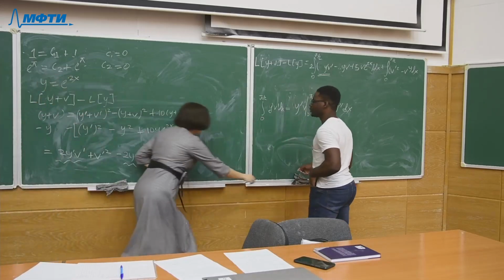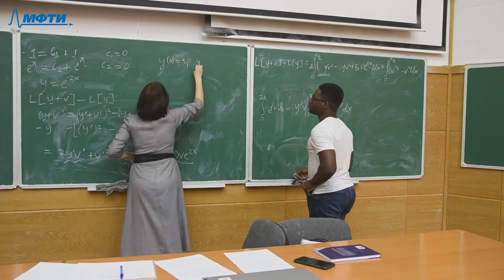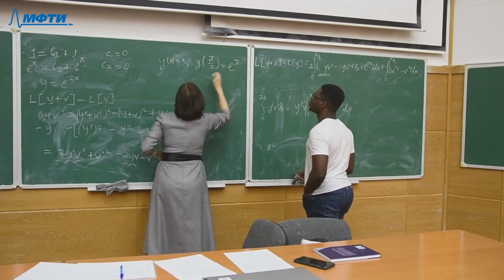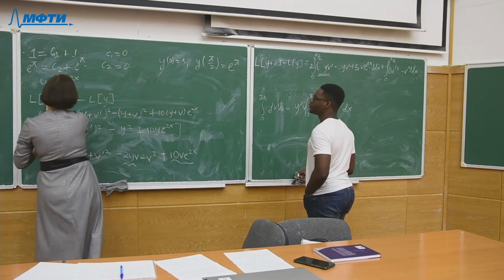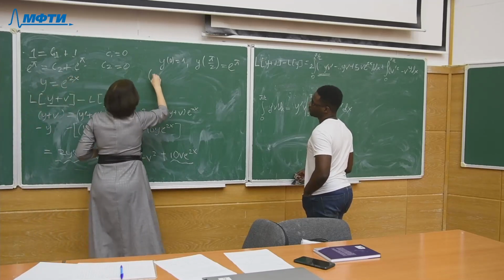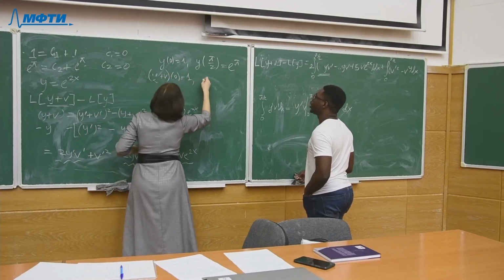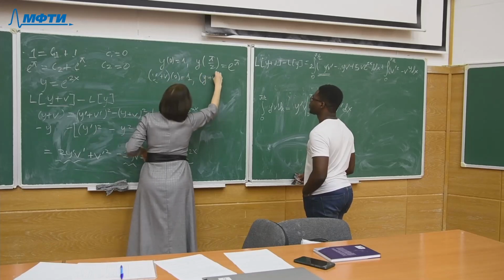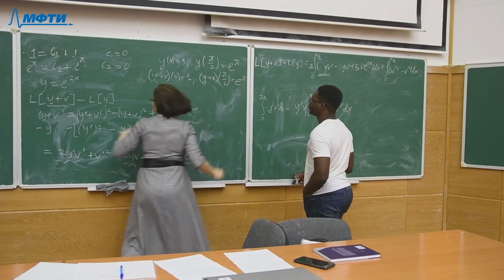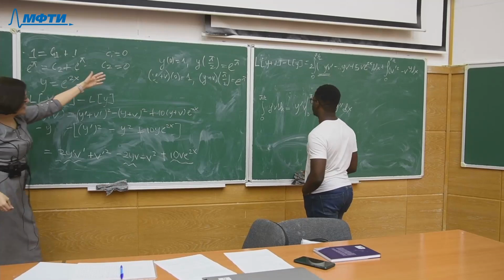And also y plus v of 0 equals 1, and y plus v of pi half is also e to pi, because we only consider functions satisfying these boundary conditions.